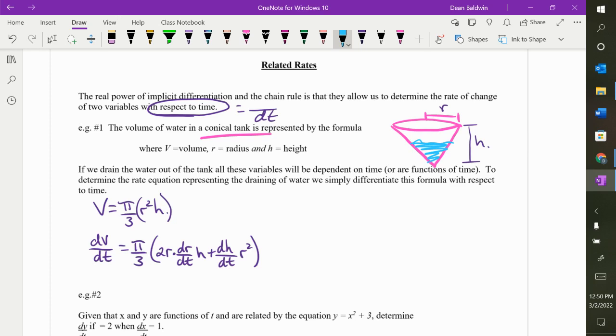So three things are changing now. So we took a static equation that just relates three variables. If you have this and this, then I know what this is. To a rate equation that now relates all the different rates of how things are changing as it's moving up and down.